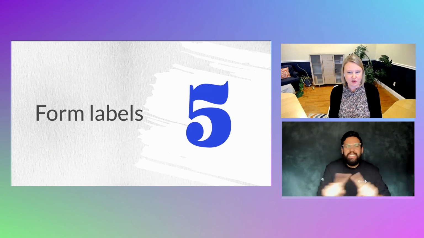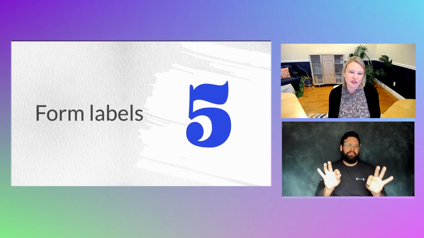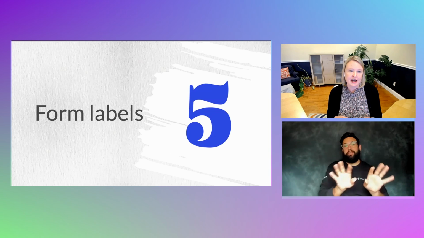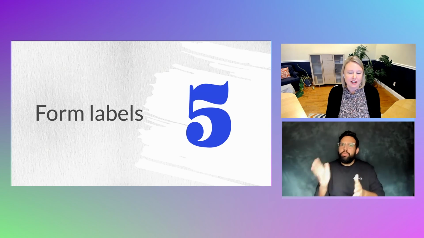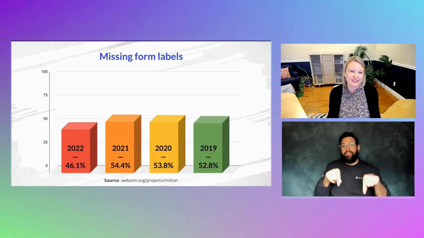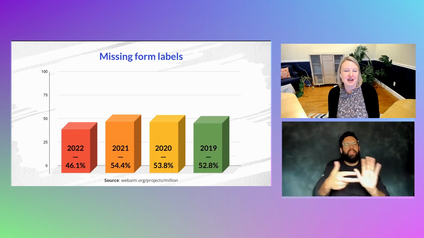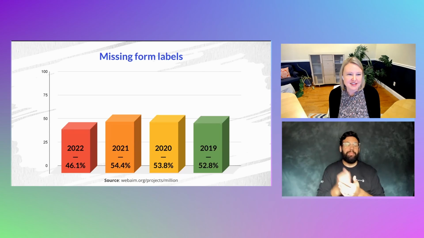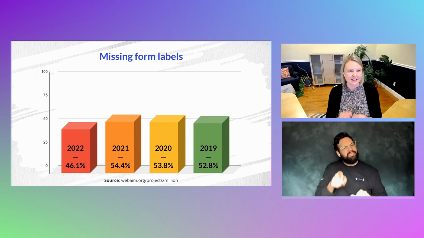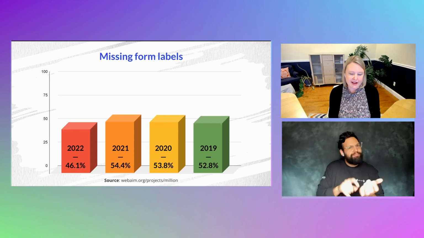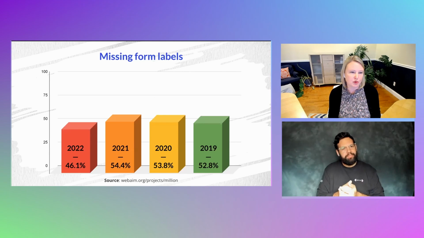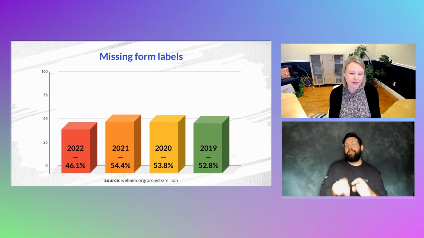So there are many form elements and states a designer could highlight and should highlight, but we're going to do something super basic and just talk about form labels. And the reason why we're talking about form labels, as you saw earlier, that's a big area still today that has some big issues. So again, of the data that we're looking at in 2019, we have 52.8% are forgetting their form labels.